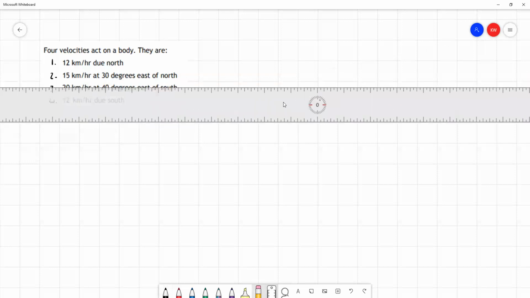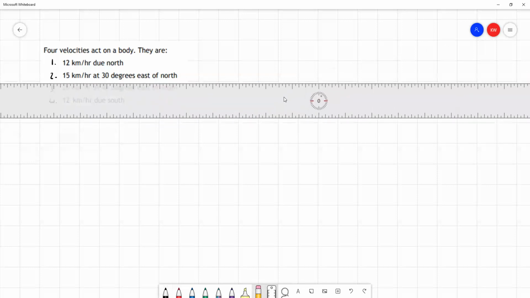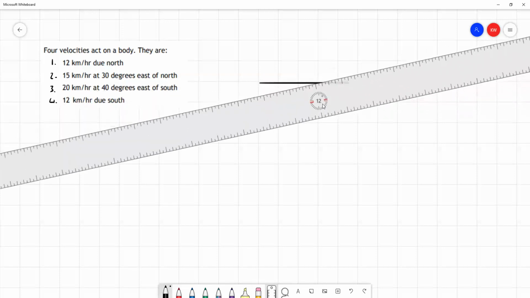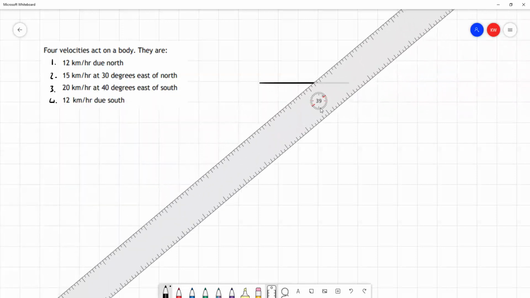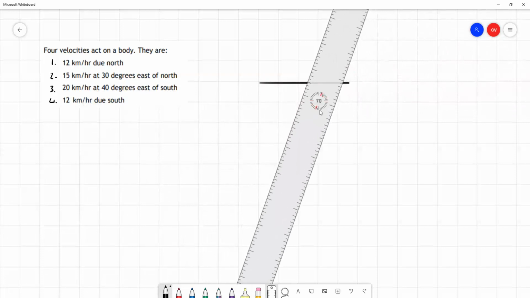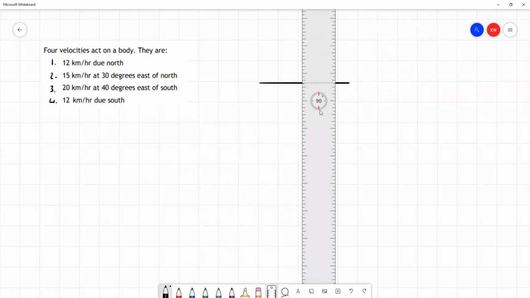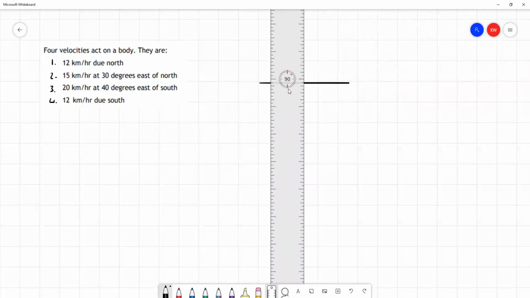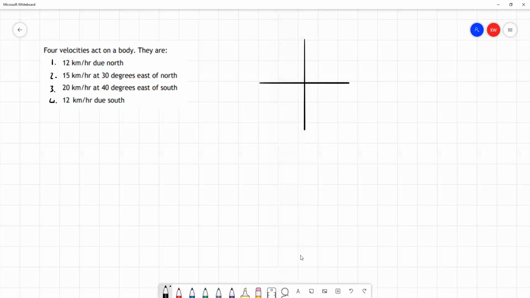So we'll put in a quick set of axes here to represent our compass directions. So there we are. We'll draw the vectors in freehand to save a little bit of time.